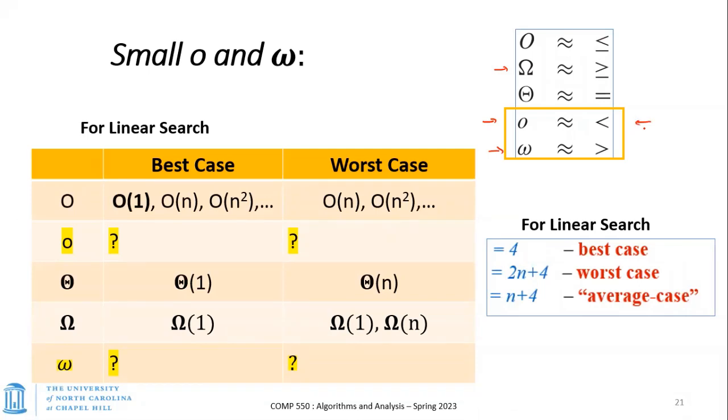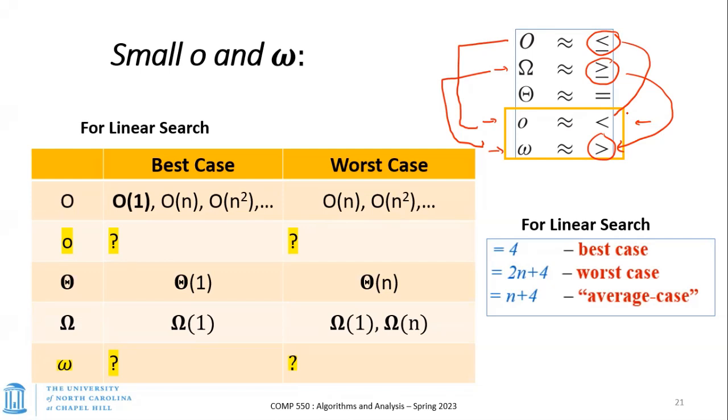So if f of n is small o of g of n, then f of n is strictly smaller than g of n. Okay. Similarly, for omega, this is strictly bigger than. So it's a small variation of these two, by simply replacing the greater than or equal to sign by the greater than sign, and the less than or equal to sign by the less than sign.